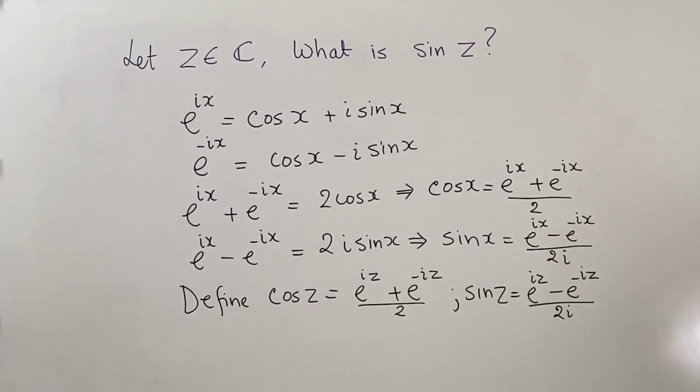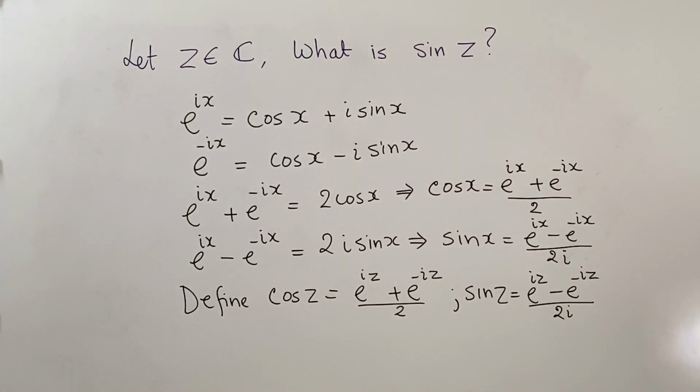So in this way we have extended the definitions of sin x and cos x to the complex numbers. The next question would be what properties of sin x and cos x are retained by these extended definitions to the complex numbers, that is sin z and cos z.